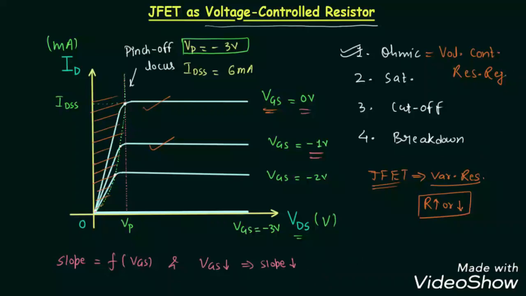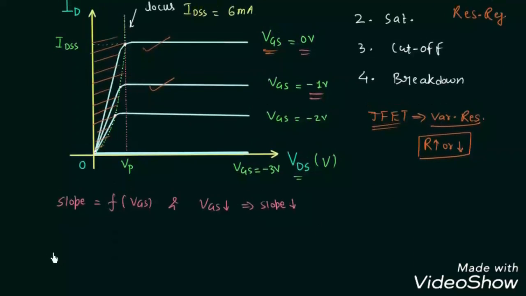Now we already know slope is equal to 1 by resistance, or resistance is equal to 1 by slope. This implies the resistance of JFET is also the function of controlling voltage VGS. So making VGS negative, slope is decreasing, and hence the resistance is increasing.